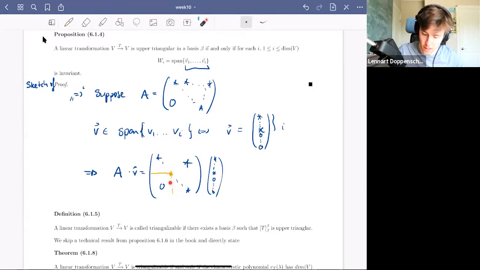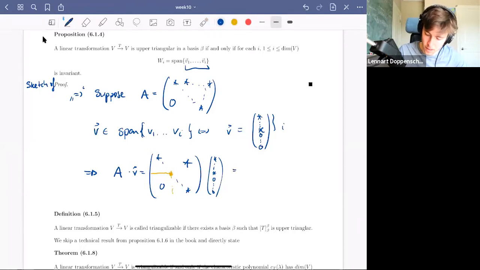So everything here in this box is 0. So this means the result will have no non-zero entries below this thing. So you can convince yourself that the pairing of this column vector with any of these rows will give only non-zero entries if we are above this ith row.